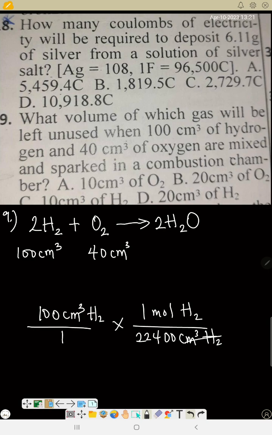So this will cancel out, and I have 100 divided by 224,000. That is 0.00044643 mole of hydrogen gas.